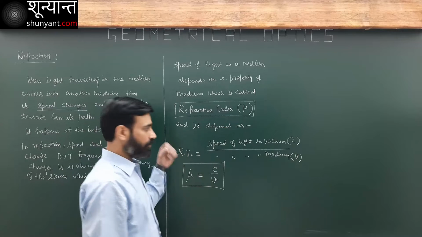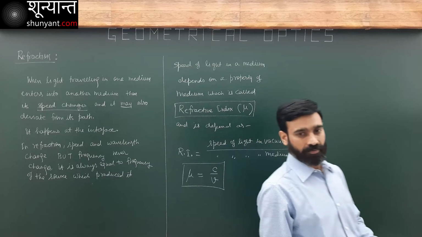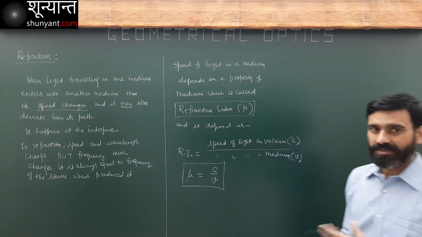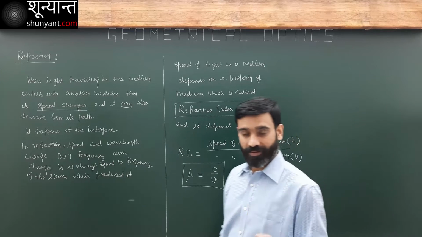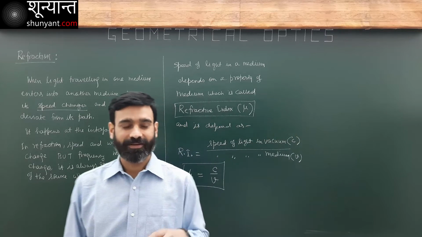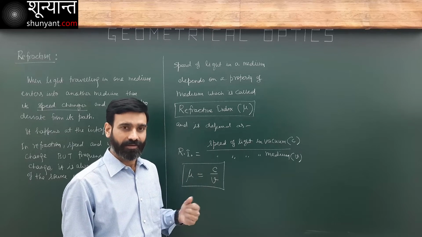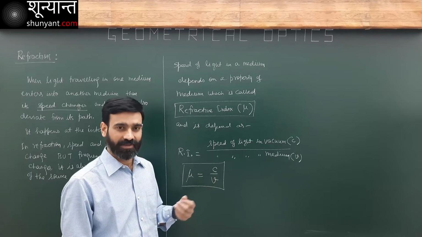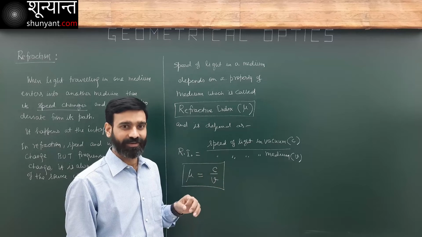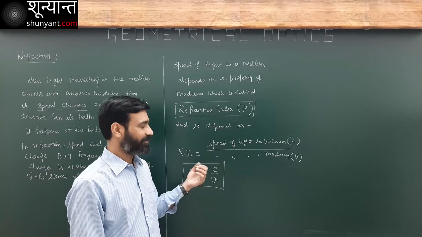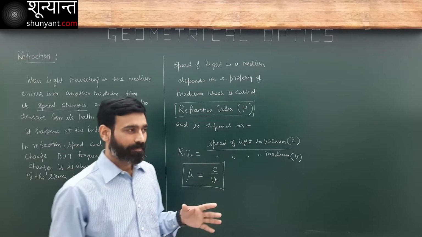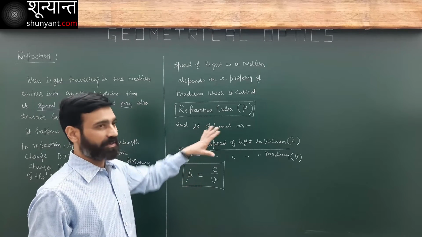We are going to use this symbol for refractive index. It has various symbols; it does not have one common symbol. In many books you find it written as N for refractive index, but it makes no difference. We do not have to be too bothered about the symbols. We have to understand the meaning.